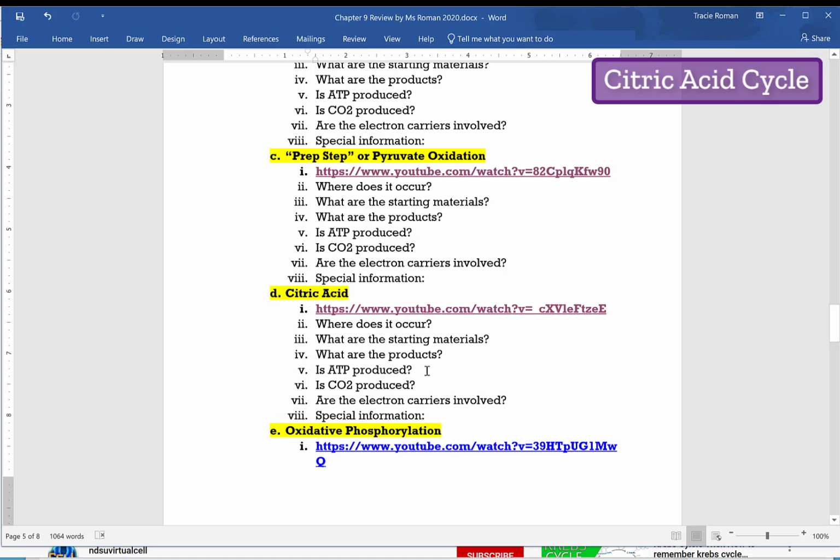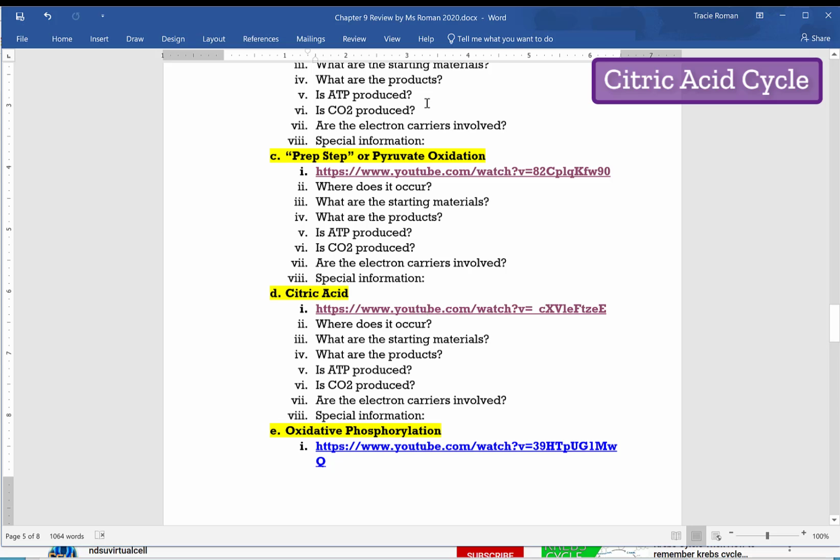Is ATP produced? Yes. A total of 2 molecules of ATP are produced here per 1 molecule of glucose.